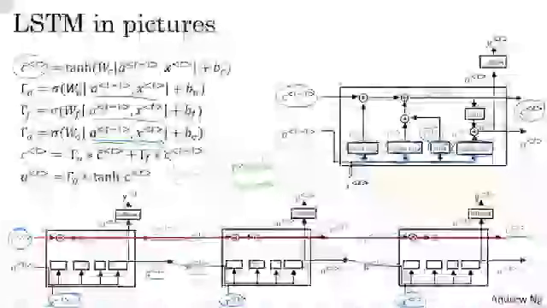This is called a peephole connection. Not a great name maybe, but if you see peephole connection, what that means is that the gate values may depend not just on at minus 1 and on xt, but also on the previous memory cell value. And a peephole connection can go into all three of these gates computations. So that's one common variation you see of LSTMs.